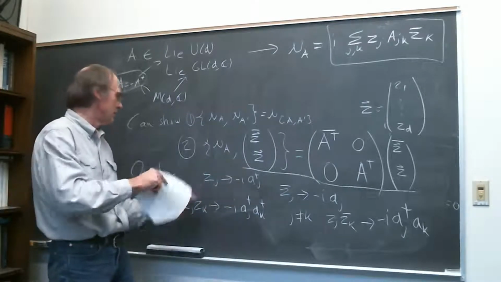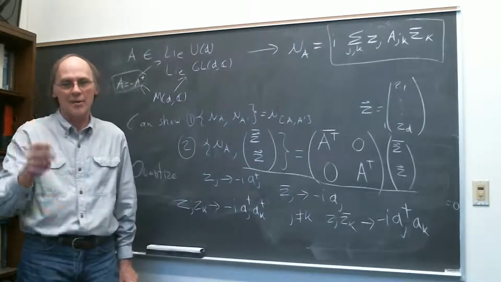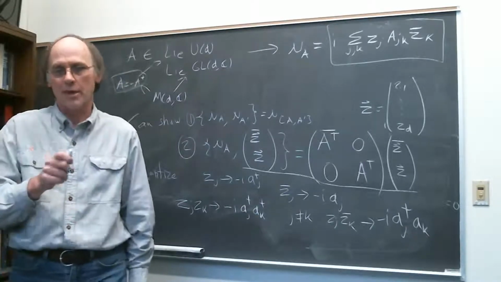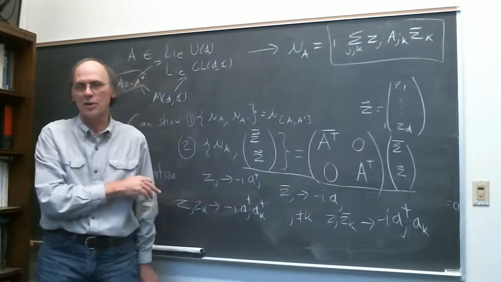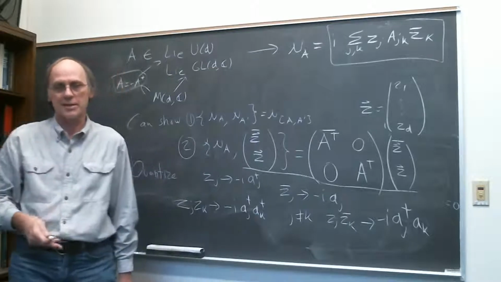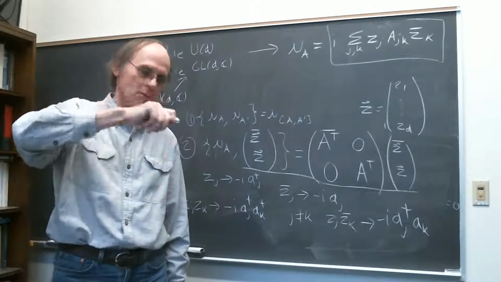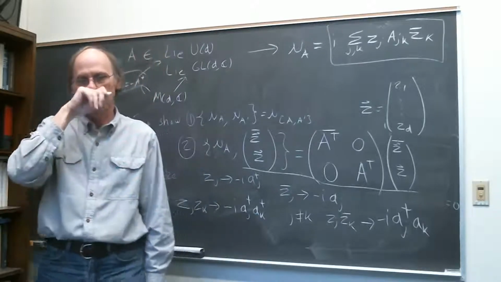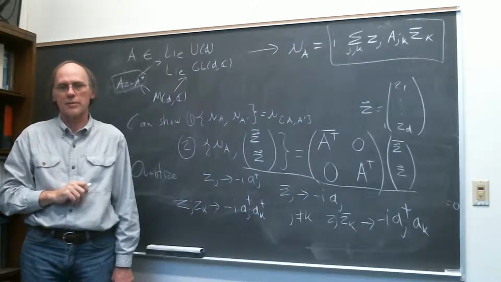Anyway, there are a lot of ways of seeing this. Another way is to try to do it the other way, and you'll quickly see things don't work. But you're right, it's the same i that shows up in the classical Poisson bracket, but not in the commutation relation.